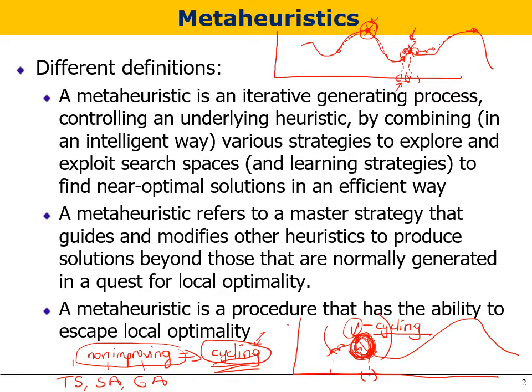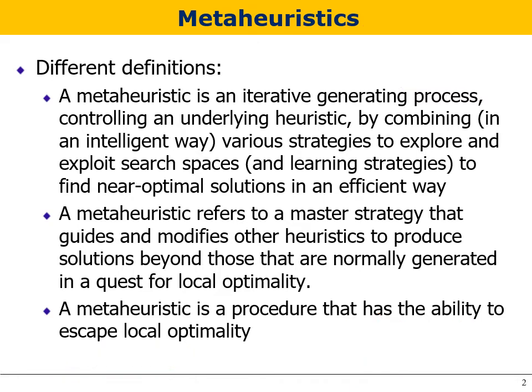Of course, there's another issue that we will talk about for metaheuristics as well. How do you stop a metaheuristic algorithm? Stopping criteria. In local search algorithms, in improving algorithms, whenever you find a local optimum, it means that you check the neighbors of the current solution.